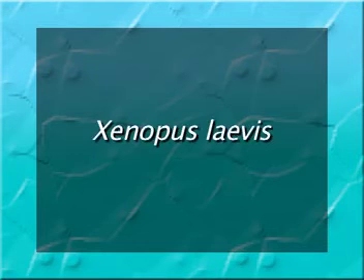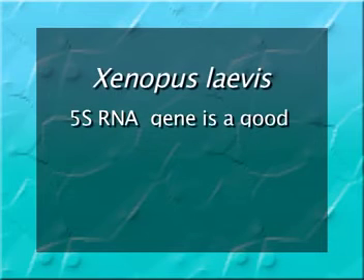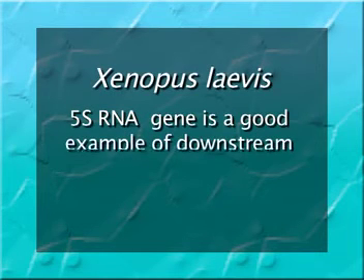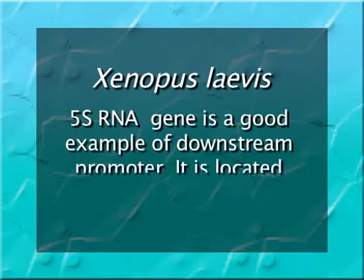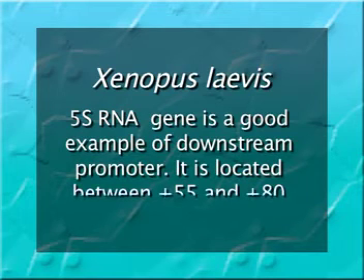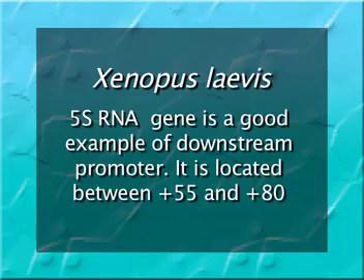The promoter of the Xenopus laevis 5S RNA gene is a good example of a downstream promoter. It is located between plus 55 and plus 80 regions. The promoter itself is transcribed and is represented within the RNA.